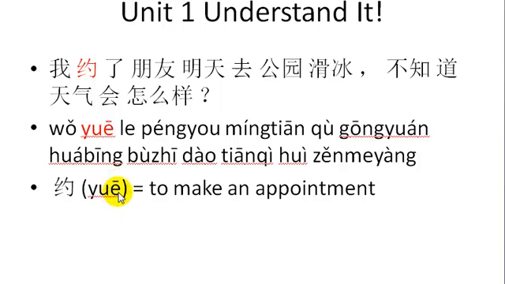To make an appointment with a friend, a plan with a friend, or a doctor, or a professor, or anything like that. 约时间, to make an appointment. Okay, 我约了朋友. So in this case, what did Gao Wenzhong do? 我约了朋友. So he's not making an appointment with a doctor, but he's making an appointment with a friend to do something. 我约了朋友明天去公园滑冰，不知道天气会怎么样.